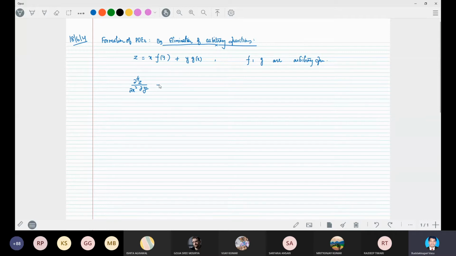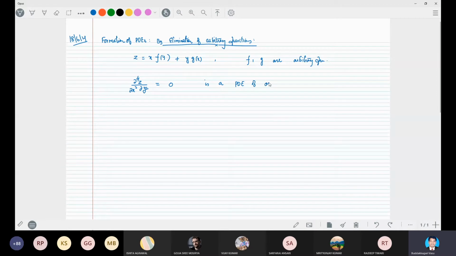So can anybody say what will be the value? Is equal to 0. Yes, right, sir.